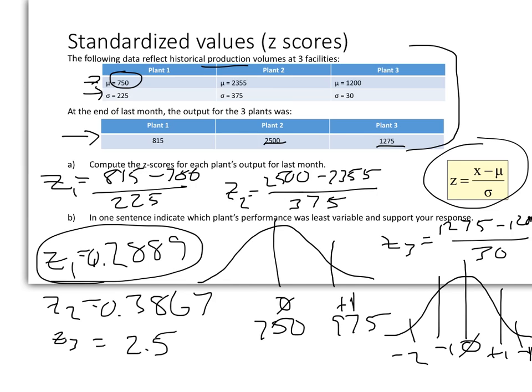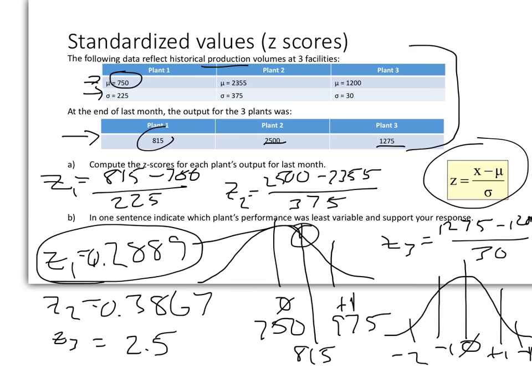And our result was 815, and that standardized result was 0.2889. Okay, so it was above the mean, but not very far above the mean. So that's just a way of depicting that, or converting that back from our standardized values to where that value falls. So well within where you would expect.